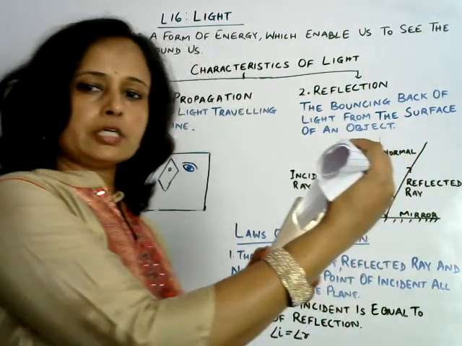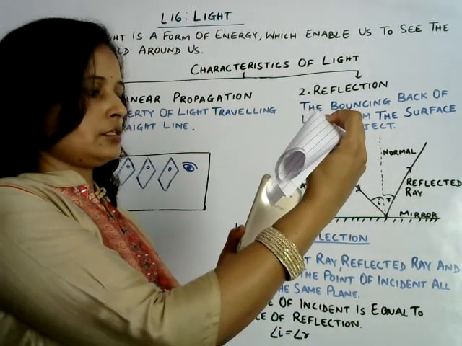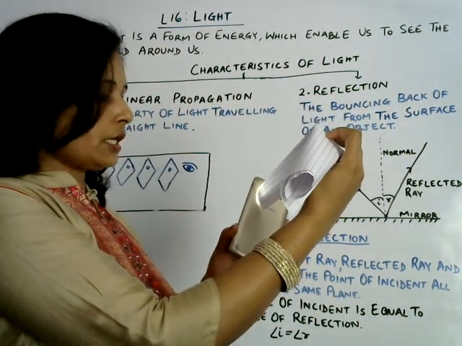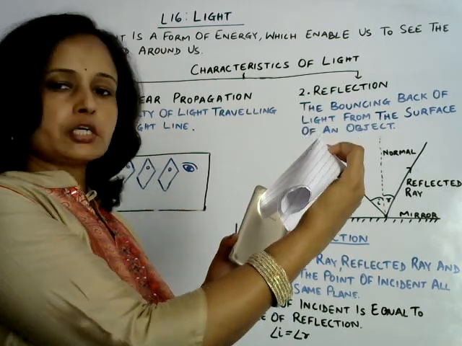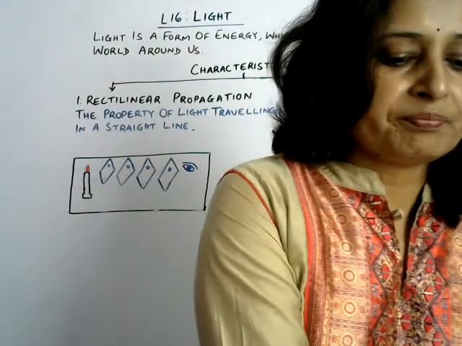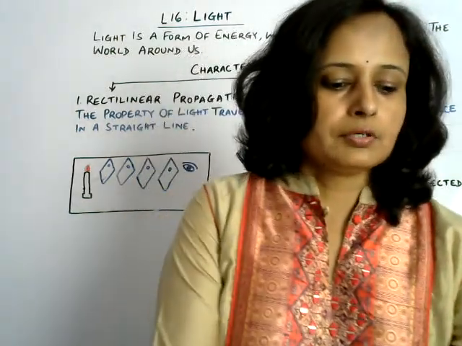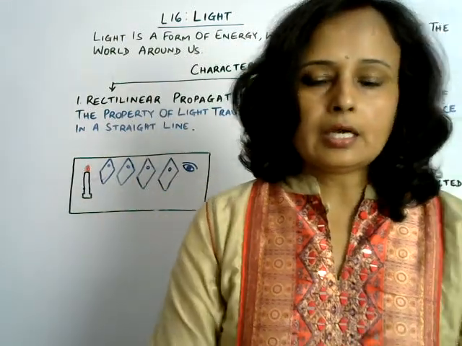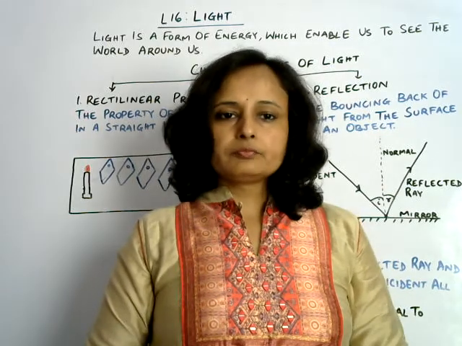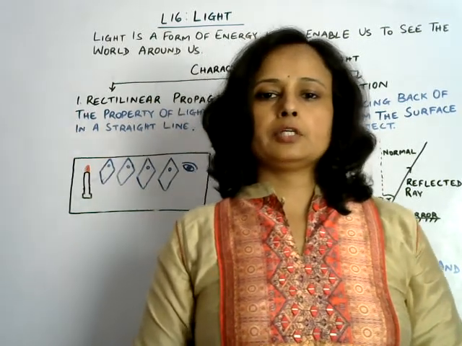What is that obstacle? The light can fall only in a straight line, but this tube is folded, so we can't see the light. This is rectilinear propagation of light.